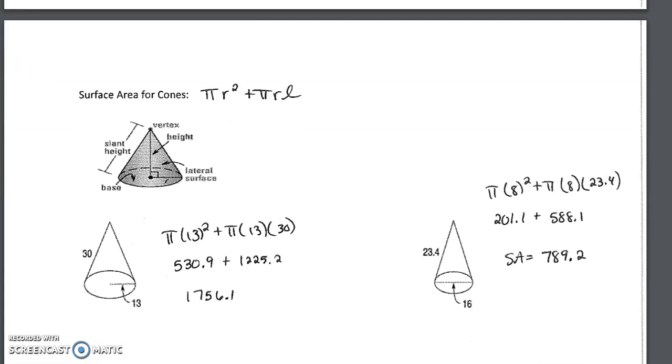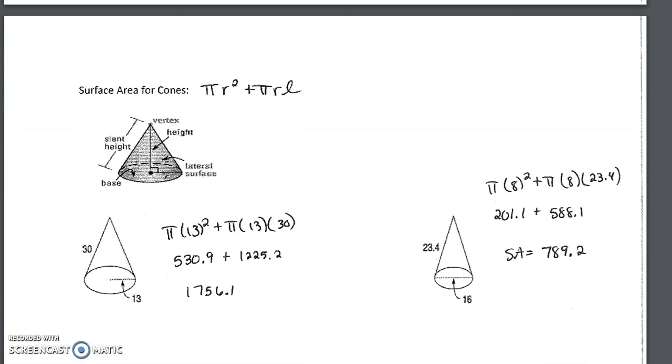Surface area for the cone, again, should become easy because all you need are your radius and your slant height. So pi radius squared plus pi times radius times slant height. 1,756.1.